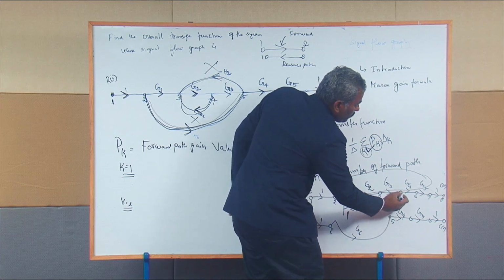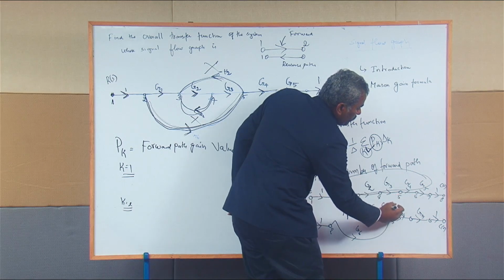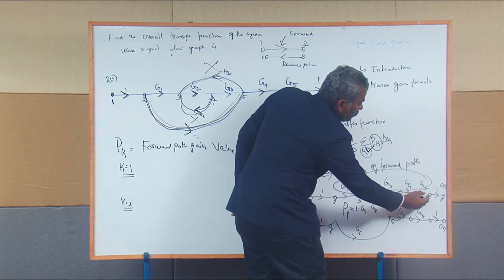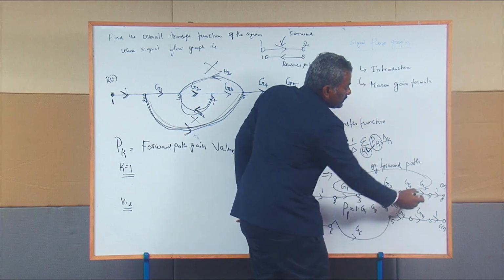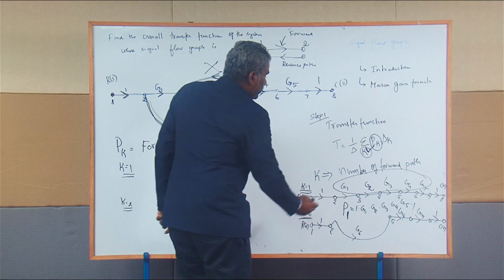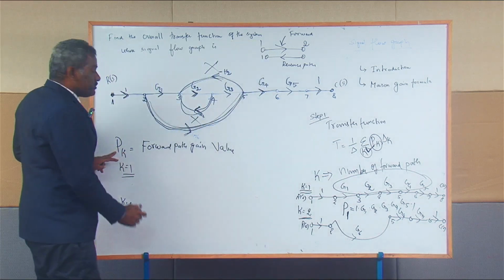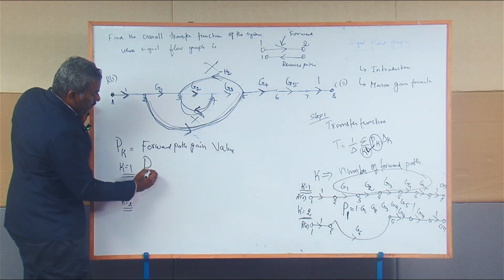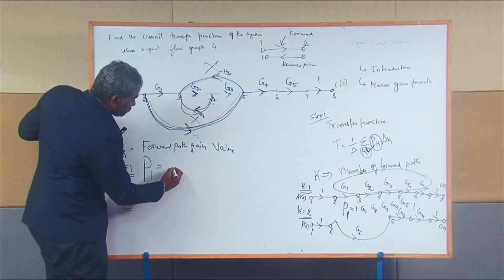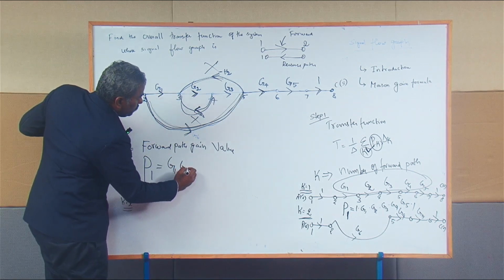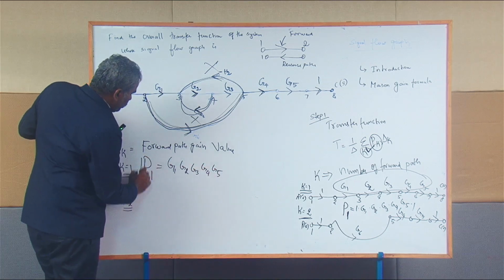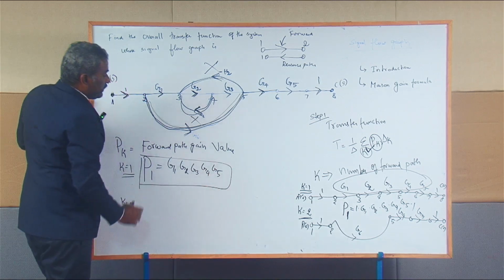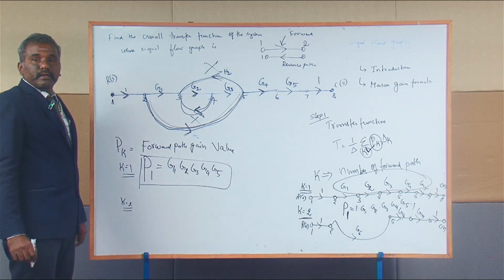Next gain value from node 5 to 6 is g4, and the last gain value from the 6th node to the 7th node is g5, and then 7 to 8 is 1. So all those multiples can be given as the p suffix k value. So p1 equals g1, g2, g3, g4, and g5. This is your forward path 1 gain value, the p suffix k value.